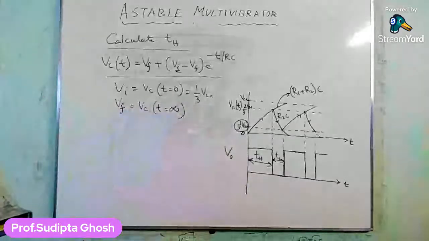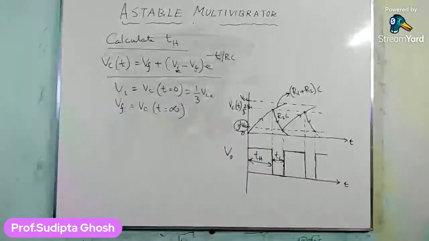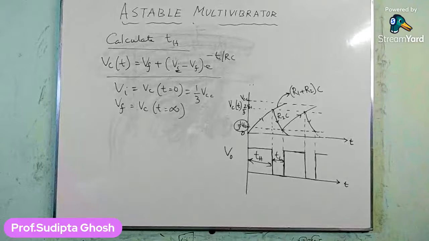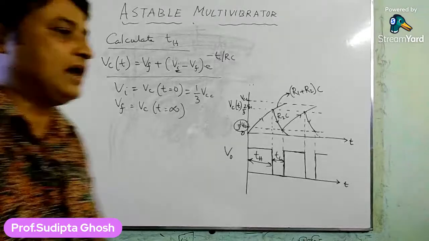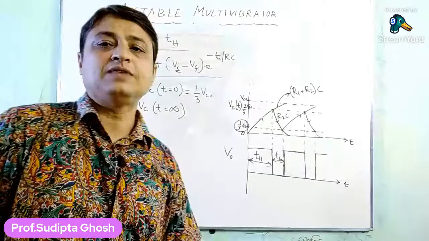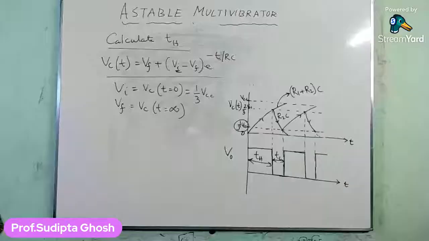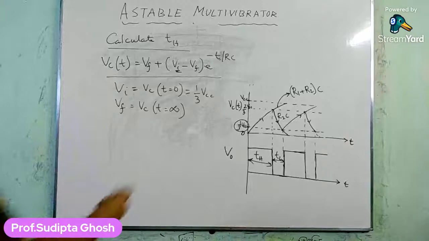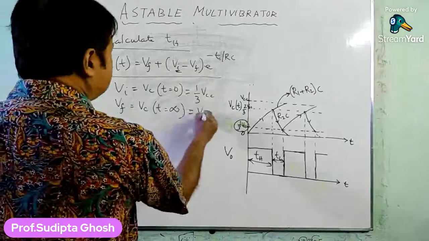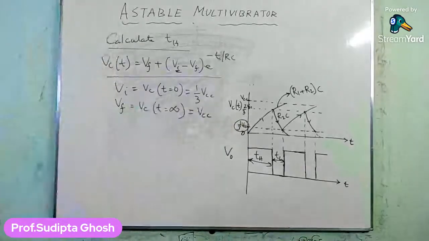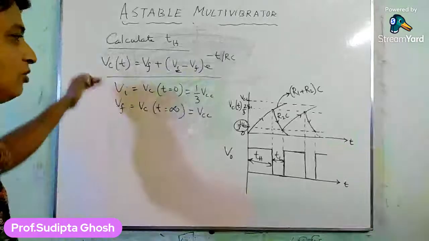Now when the time goes to infinity, the final value of the capacitor should be VCC, if the circuit is operated for a time of t equals infinity. So it will be VCC. Now let's put these values in this particular form.